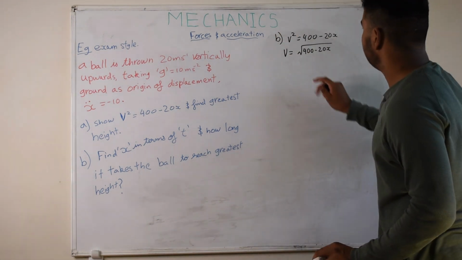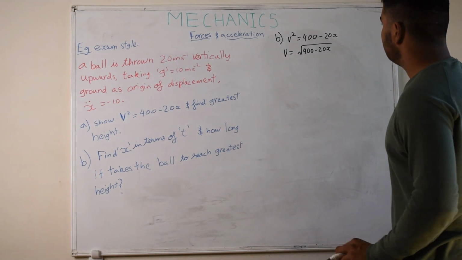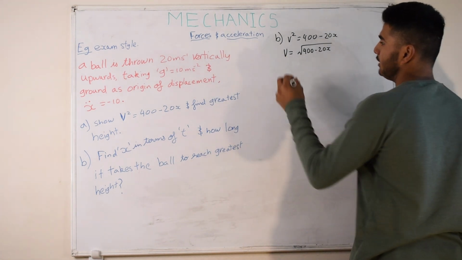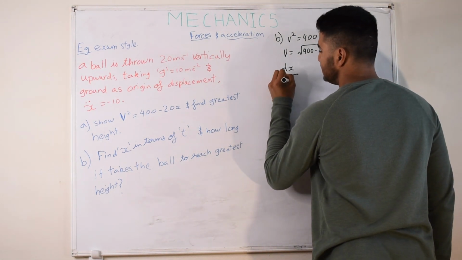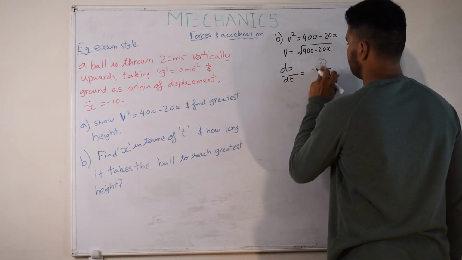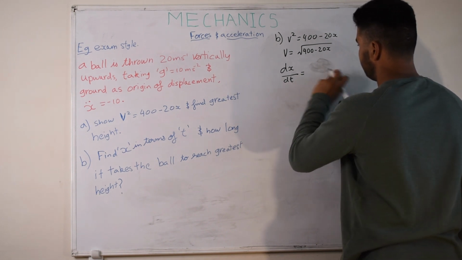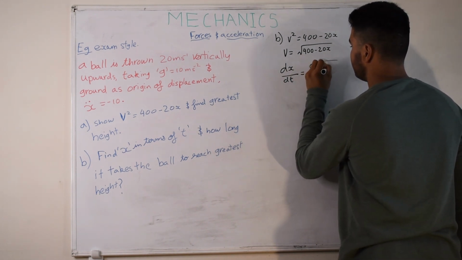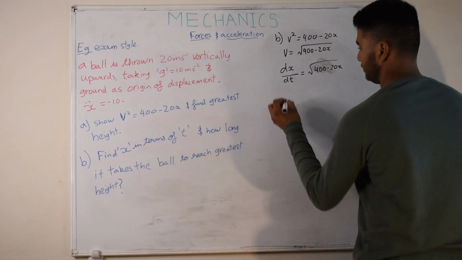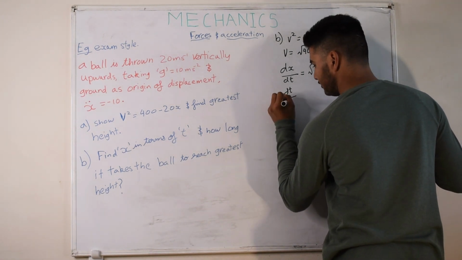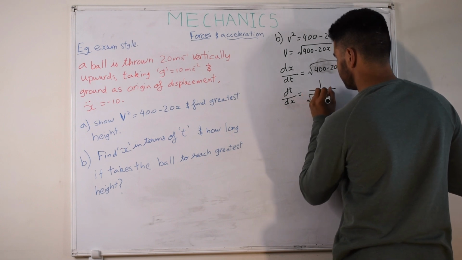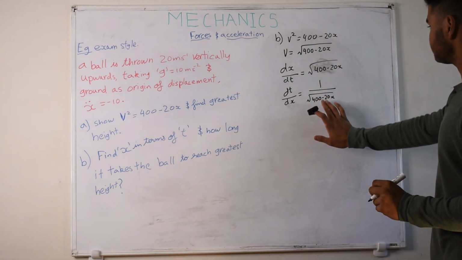So that is the velocity function we have over here. How can we write velocity in terms of x and t? We can go dx/dt equals the square root of 400 minus 20x, my bad. Now we take the reciprocal of this, we get dt/dx, which is then 1 upon the square root of 400 minus 20x, correct?